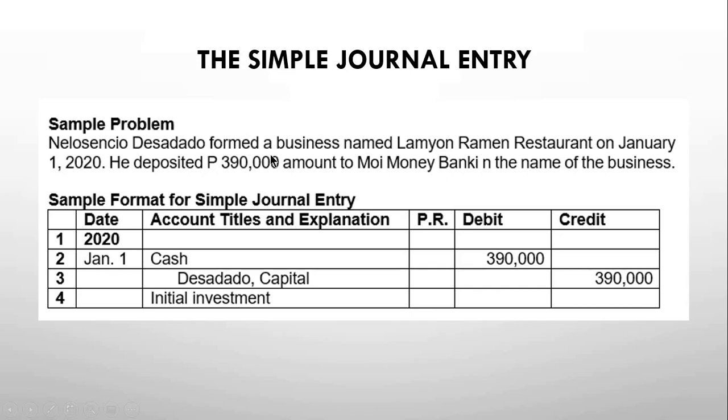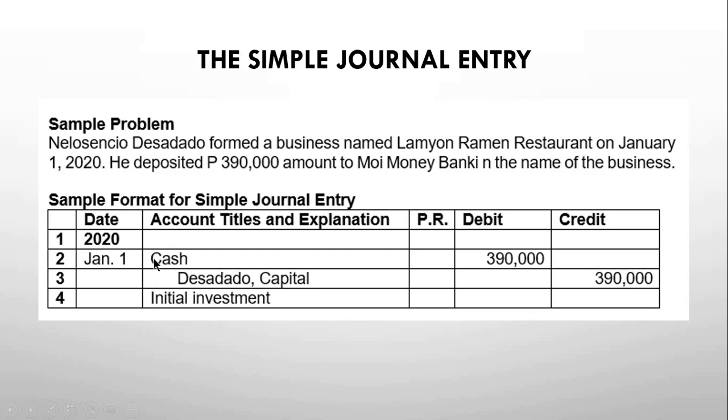Initial capital of the owner, the Disadado. So, syempre, naka-receive ka ng cash. So, lalaki yung cash mo because of the deposit for the initial capital of the owner. So, lalaki yung cash ng business. And then, the corresponding credit is the credit to Disadado capital. Ayan. That's, again, lagyan natin ng initial investment.